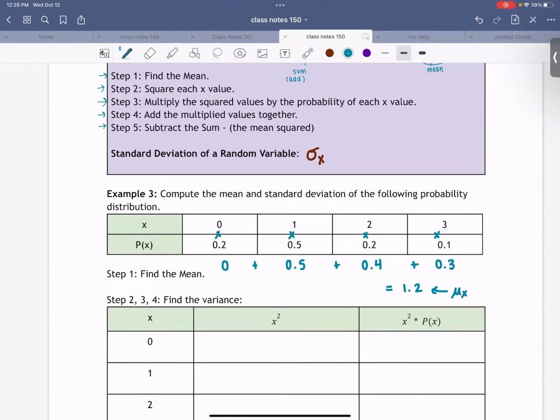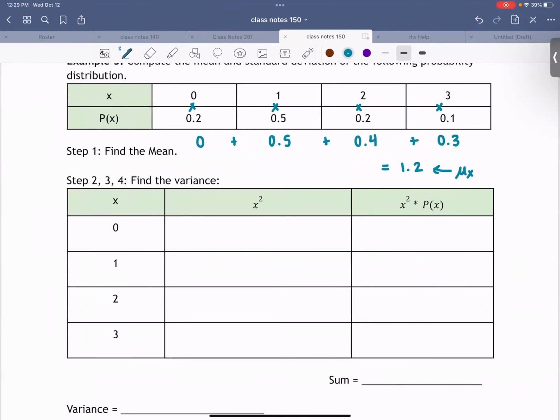Step 2 tells us to square each x value. So it looks like I need to take my x values and square them. 0 squared is 0. 1 squared is 1. 2 squared is 4. And 3 squared is 9.